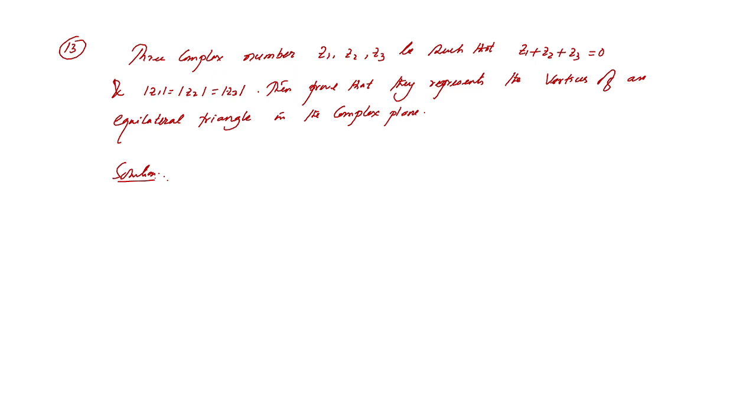So solution. As usual, what is given here? Given Z1, Z2, Z3, all are complex numbers, and the sum of these complex numbers is 0. That is the first information. Second information, the modulus of Z1 equals the modulus of Z2 equals the modulus of Z3.